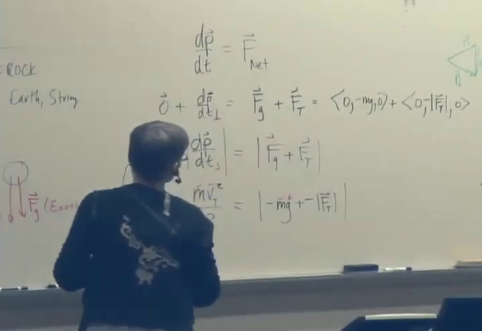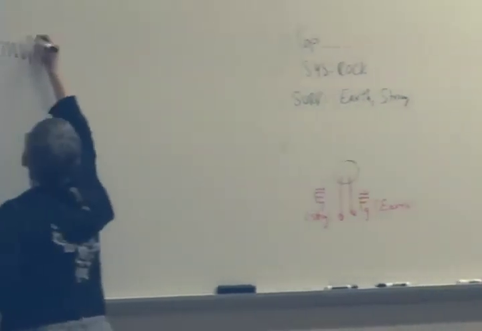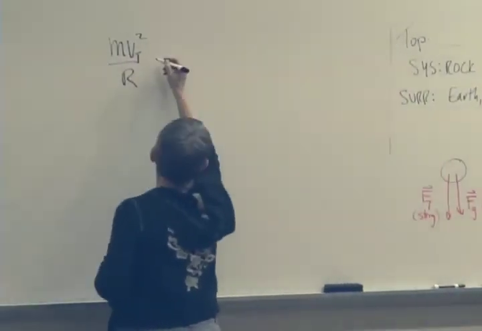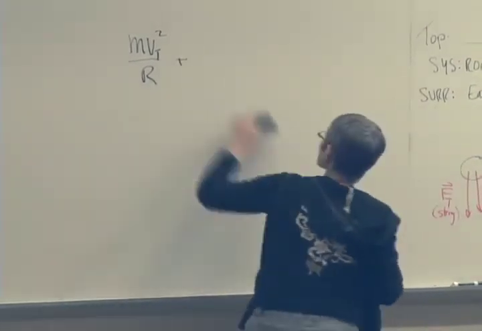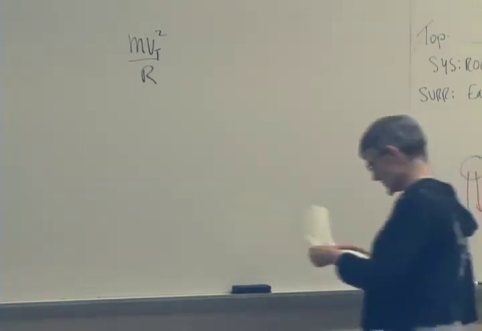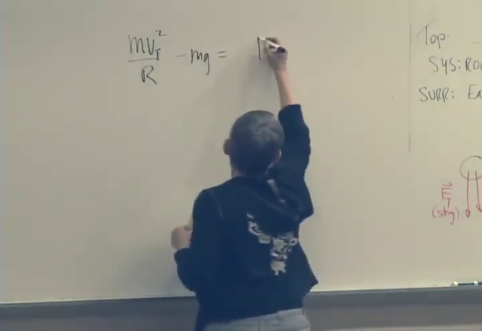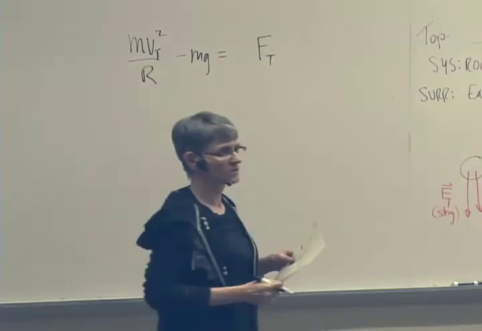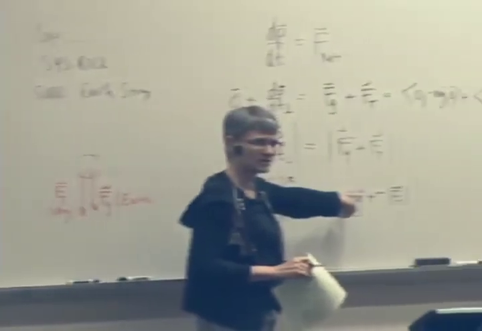So let's just put in some numbers. We end up with m v top squared over r, and we have to be careful here with signs. It's going to be minus mg, isn't it? Is equal to the magnitude of the tension force, right? Because we took an absolute value here.